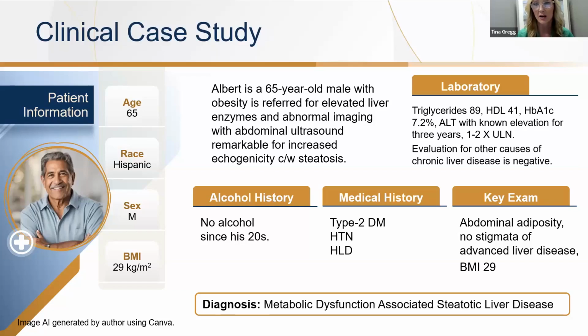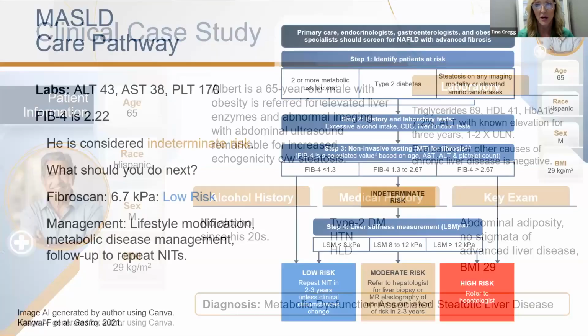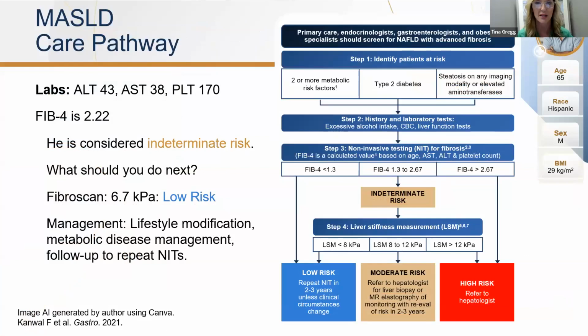We now have guidelines and clinical care pathways that we can apply in order to help us work through these patient cases and algorithms. The one on the right that we'll look at, that I really like a lot because it's very simple, is the one from the AGA. It really starts with step 1, identify your patients at risk.